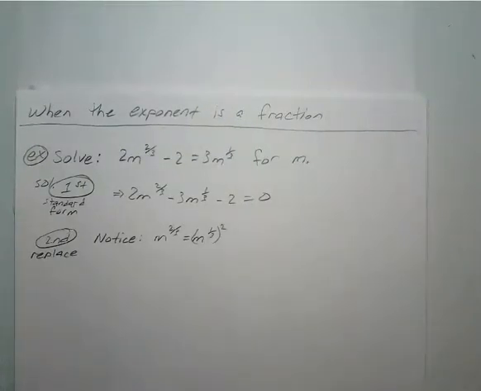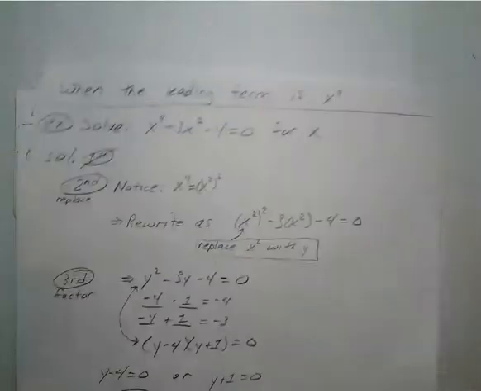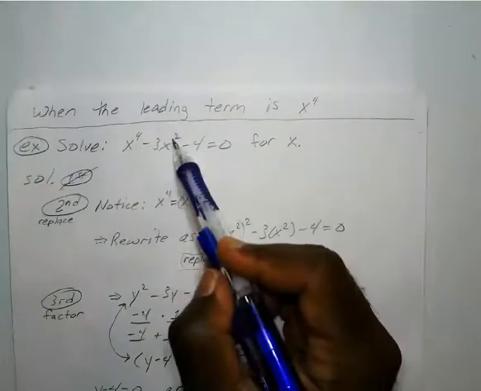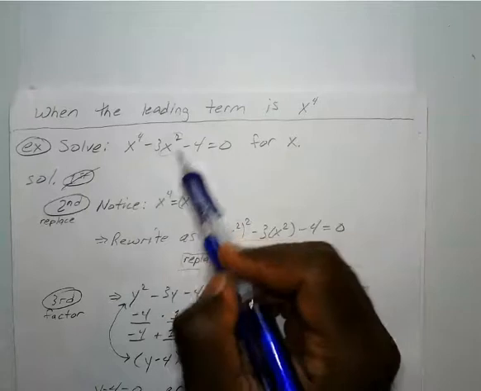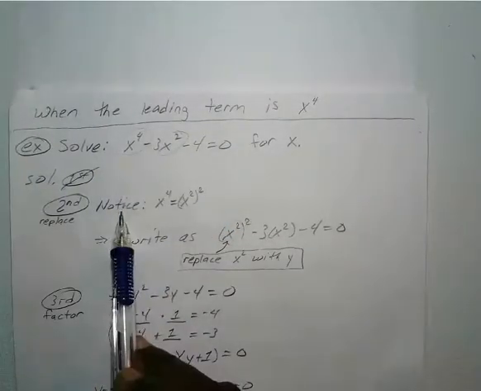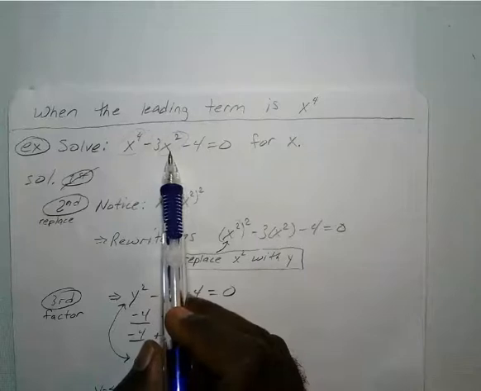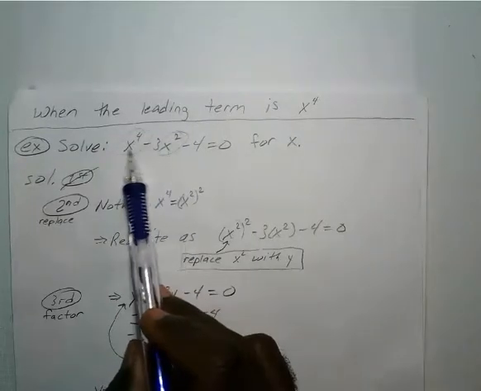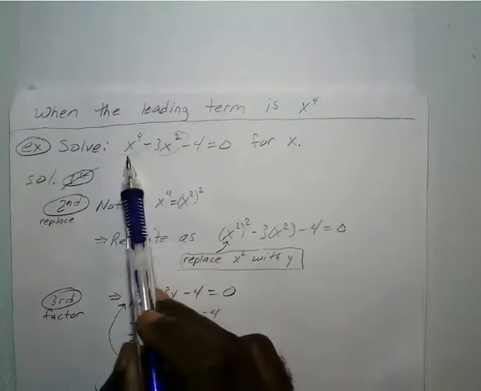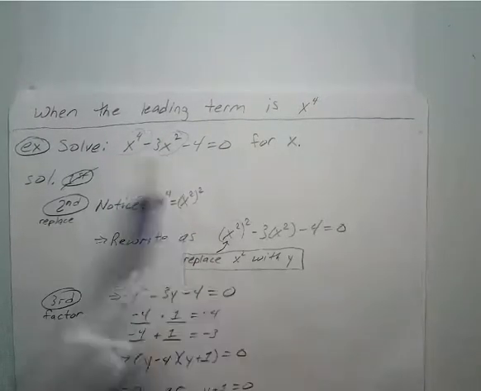I'm going to take you back to our first example and show you a little bit of a shortcut. If you notice, this is x squared, this is x to the 4th power. So we notice that our first term variable is our middle term variable squared.